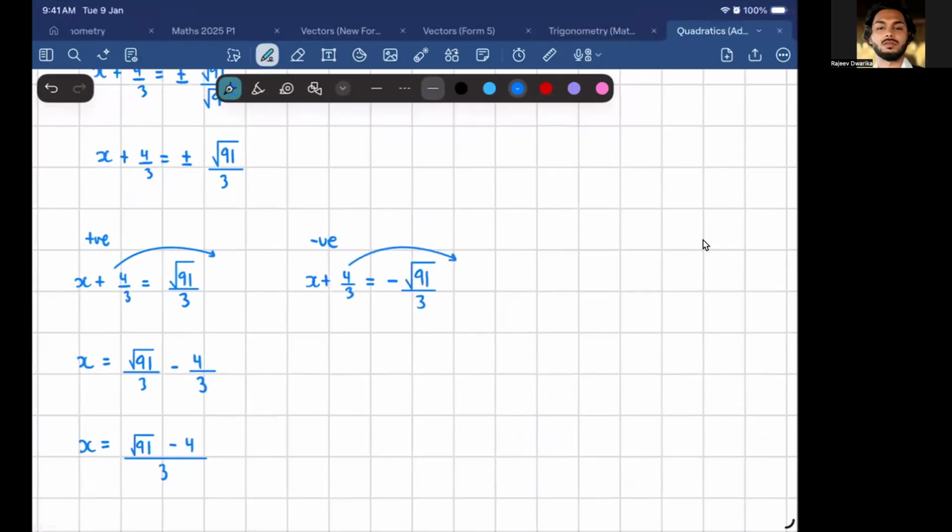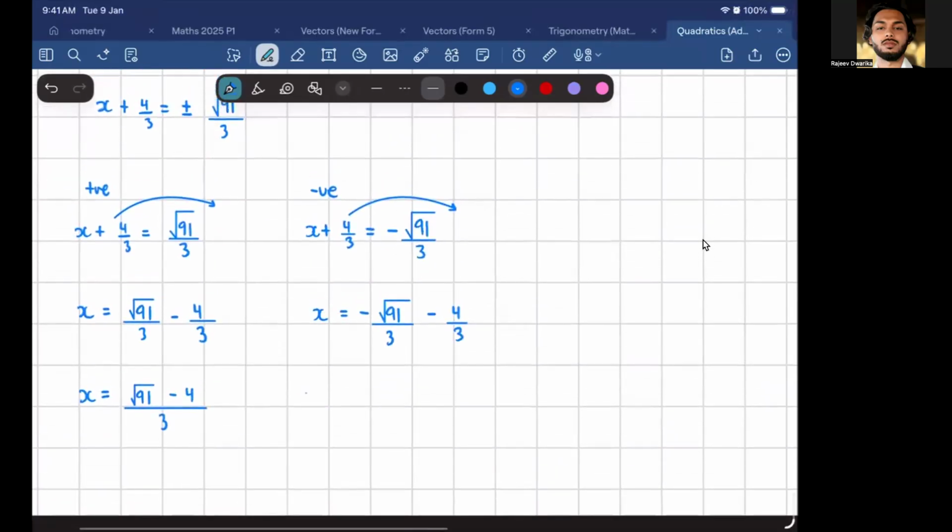And if you move that across, that's going to turn to what? x equals negative root 91 over 3 take away 4 over 3. Do they have the same denominator? Yes, sir. If they have the same denominator, you can group together the numerators. So what am I going to write on top? Tell me, Caleb. Negative root 91, take away 4. Yeah, and that's it. Right? That's it. Yes.